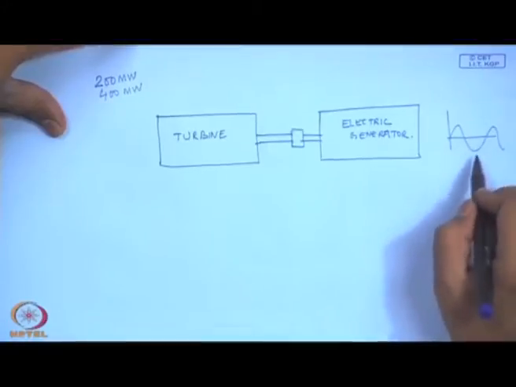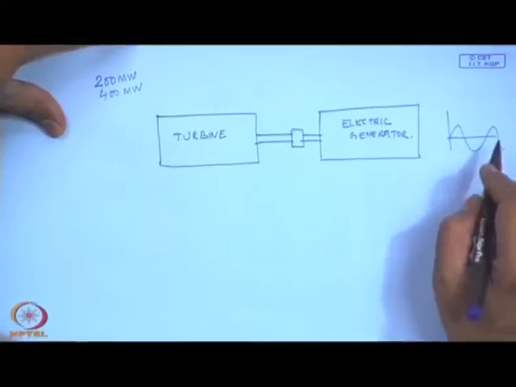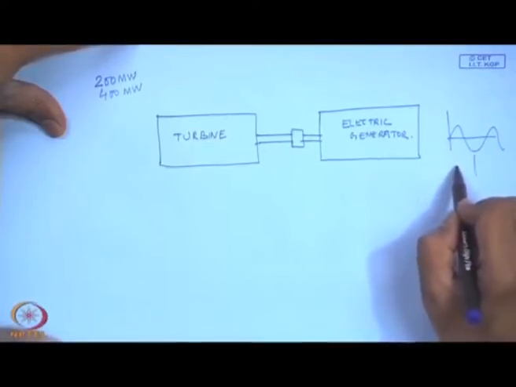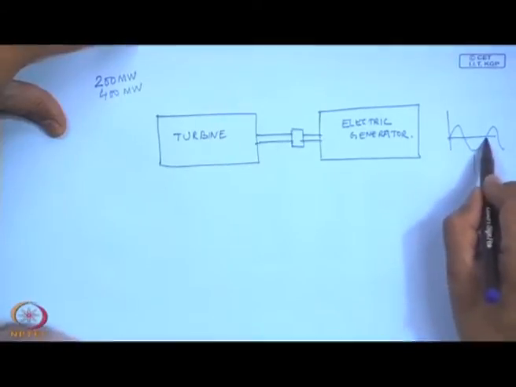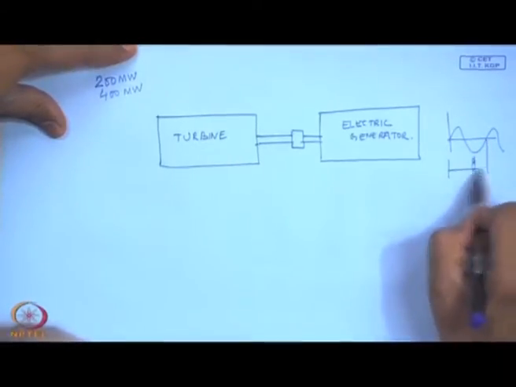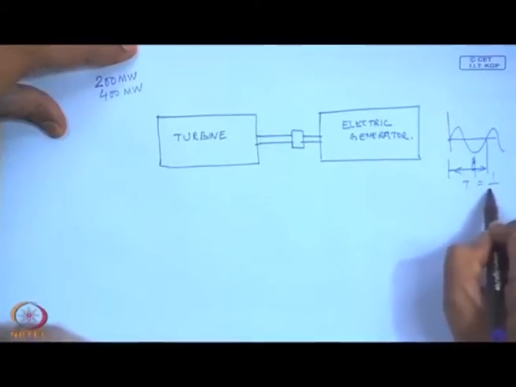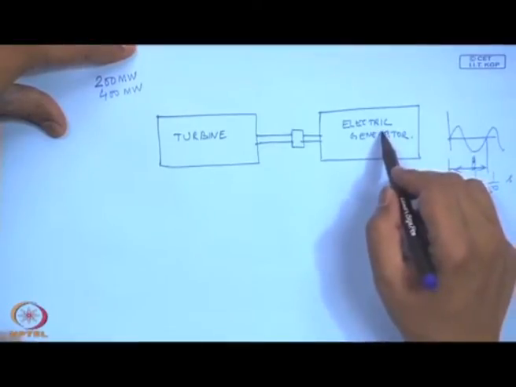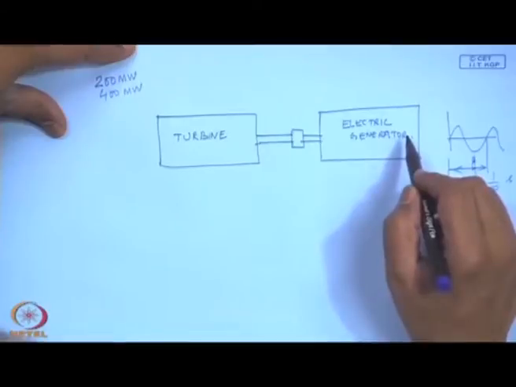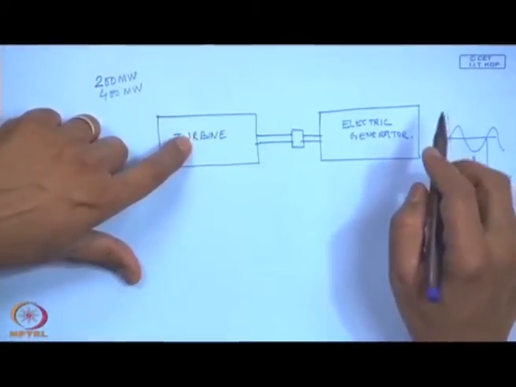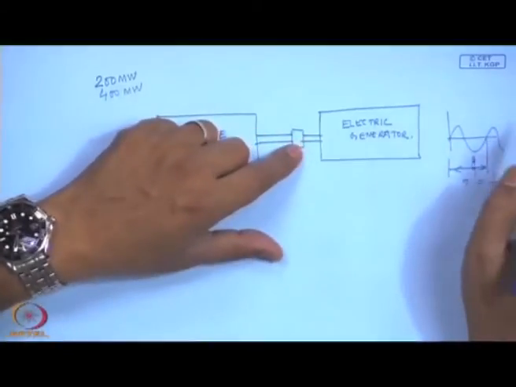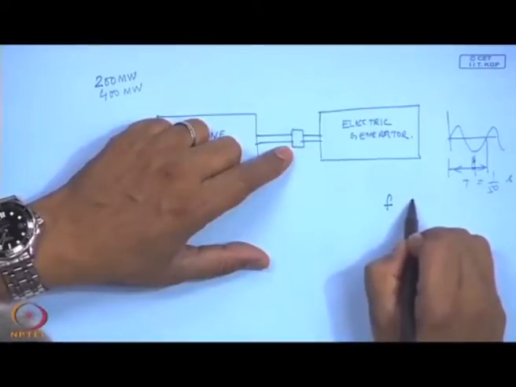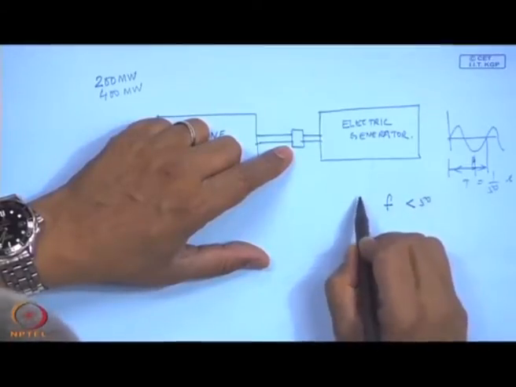By the way, I should tell you, when we talk about the frequency of the current being generated in our country, the time period corresponds to 1 by 50 seconds, because our supply is 50 hertz. So, the speed of rotation of the rotor of the electric generator is governed by the turbine. There are a lot of control mechanisms so that I do not produce a supply frequency less than 50 hertz or greater than 50 hertz.